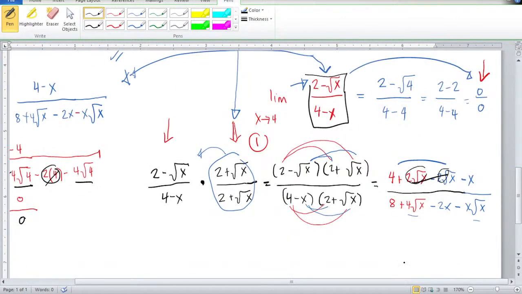This one. So, 2 minus square root of x over 4 minus x, times 2 plus square root of x. Okay, that looks fine.